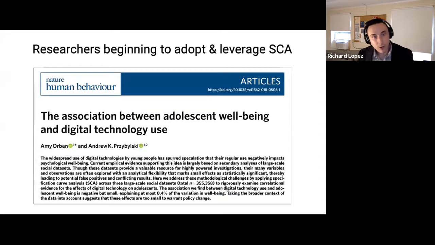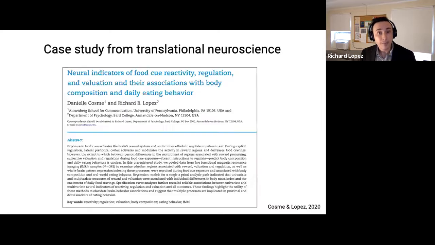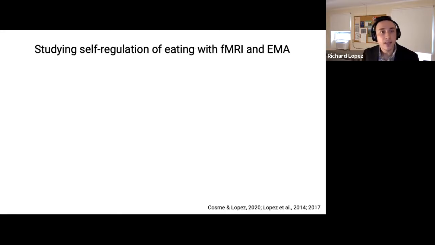Like I said, Amy Orben and Andrew Przybylski have looked at this in terms of adolescent digital technology use and associations with well-being. And now, at least in my area of research, cognitive translational neuroscience, I've looked at this in terms of different neural indicators of eating behaviors. So I just want to lay out how my colleague and I leveraged specification curve analysis to help us address the questions we had in our study.